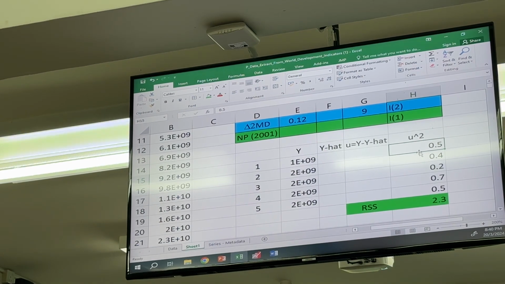So this is the idea of how you get the residual sum of squares. You square the residuals and sum them. OLS, the ordinary least squares, is used to obtain the efficient parameter estimate by minimizing the residual sum of squares.